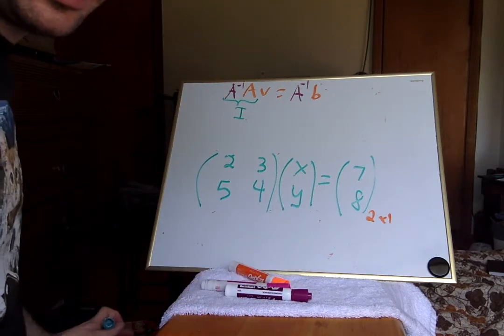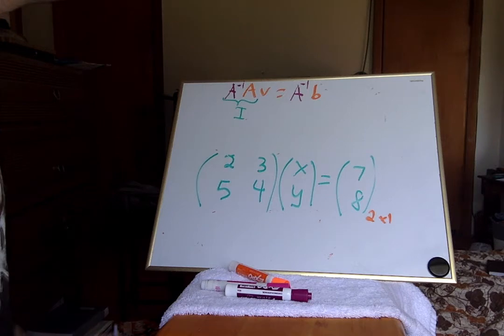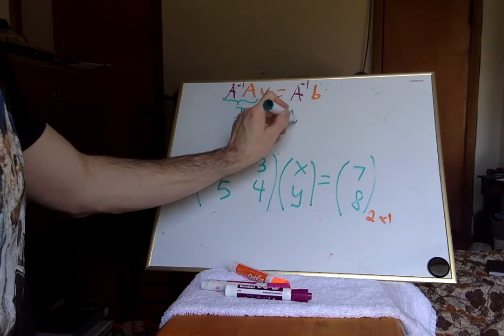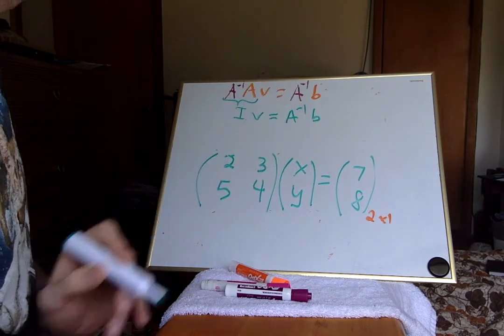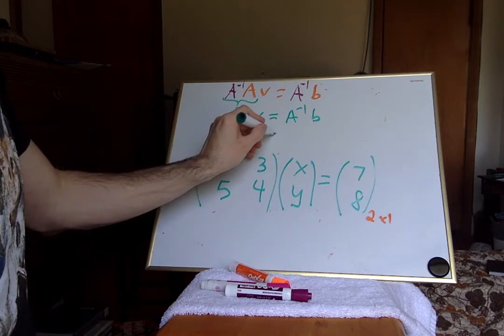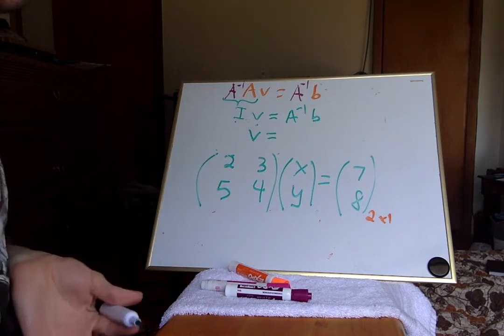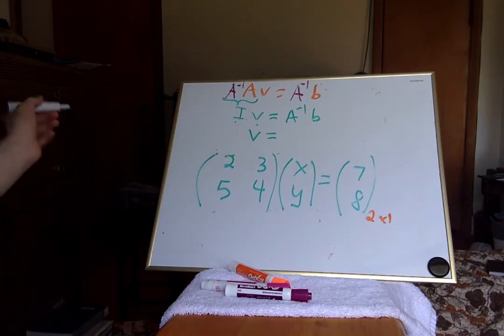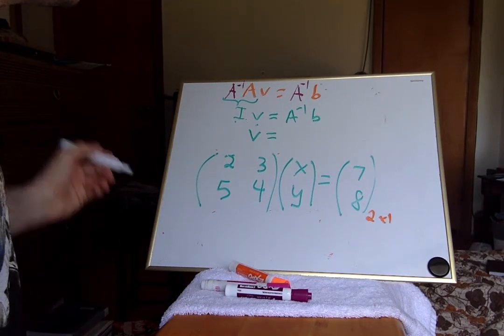Because that's what it means to multiply a matrix by its inverse. You get the identity. So I have IV equals A inverse B. But what is IV? IV is just V, right? IV is just V because, again, that's how it works.